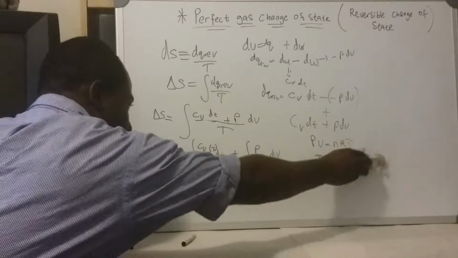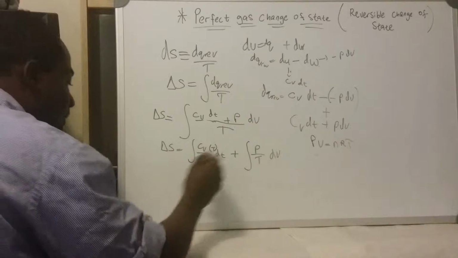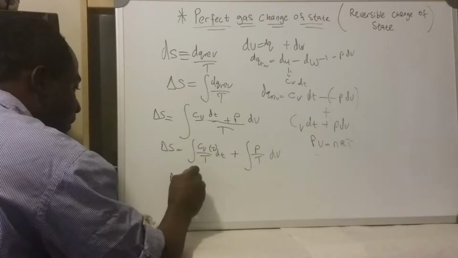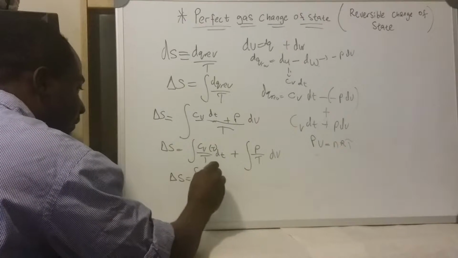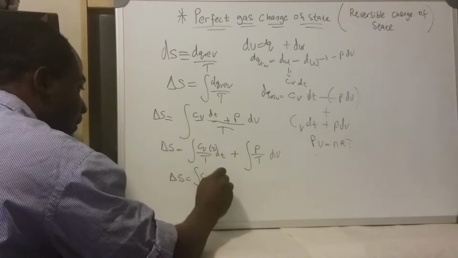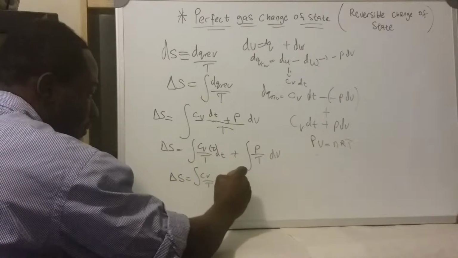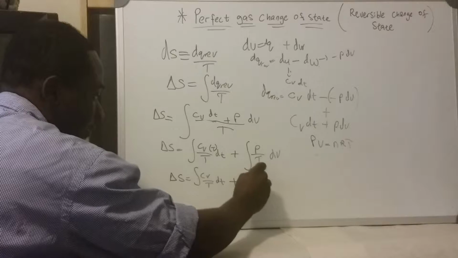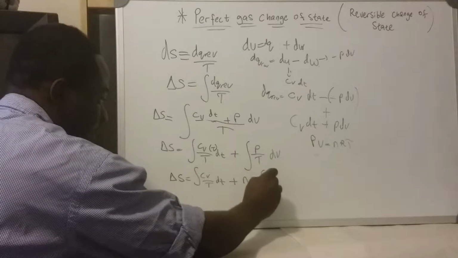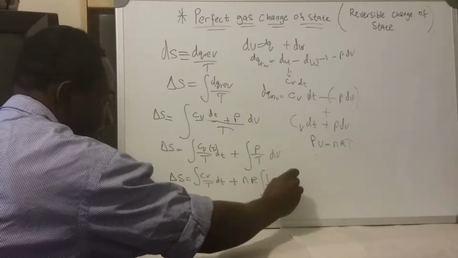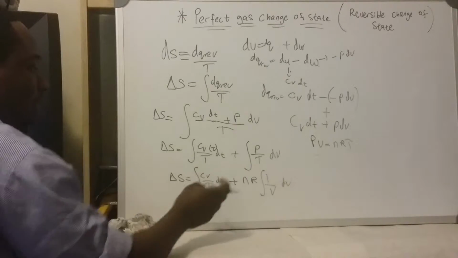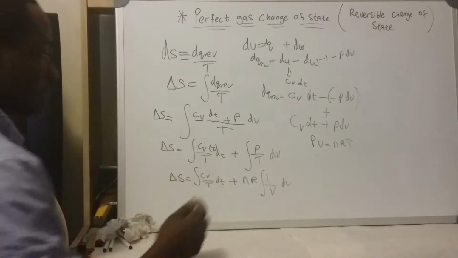Alright? So now I have delta S equals the integral of Cv over T dT plus nR times the integral of 1 over V dV. Now why did I pull out nR? nR is a constant, so that's why I put it out. Alright?